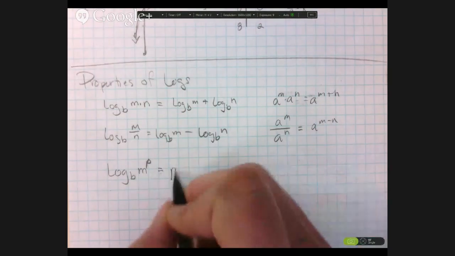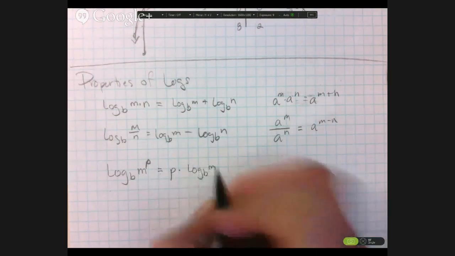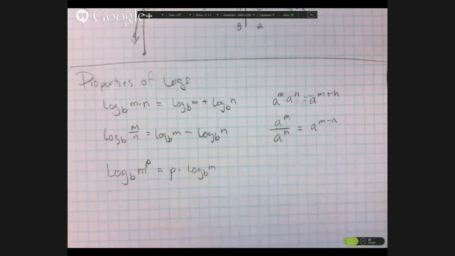It equals p times log base b of m. You can bring it out front and multiply. It's kind of screwy. It doesn't seem right, but it's a rule of logarithms you can use very readily.